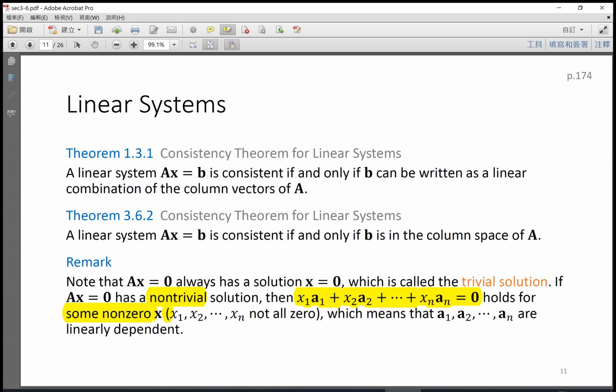Then this means a1, a2 up to an are linearly dependent. This is the definition of linear dependency. Hence, the homogeneous equation has a non-trivial solution if and only if the column vectors of A are linearly dependent.